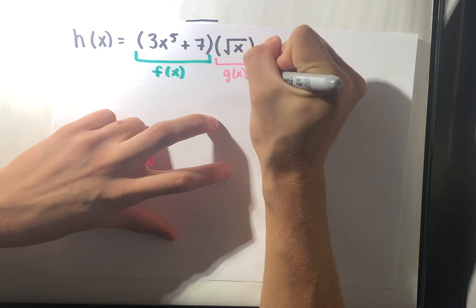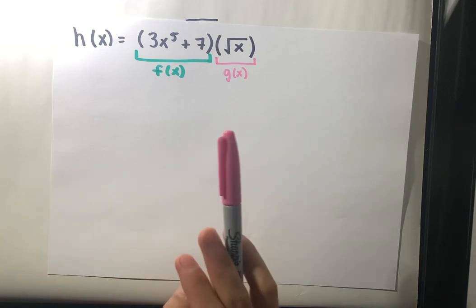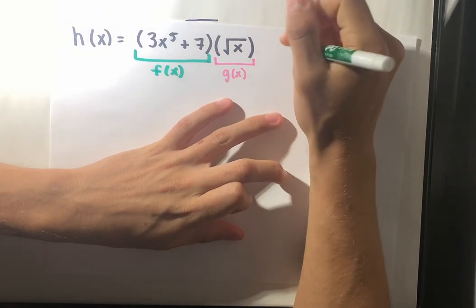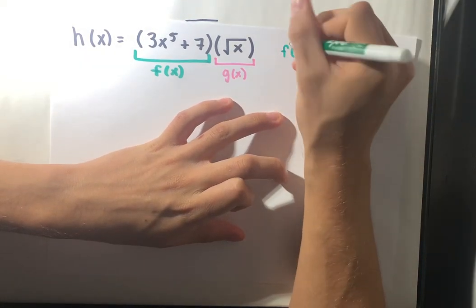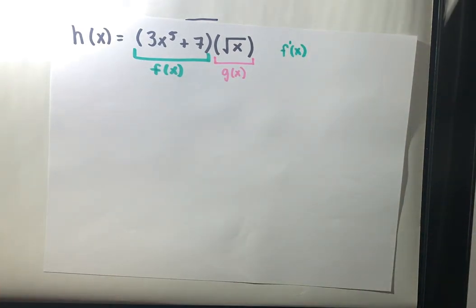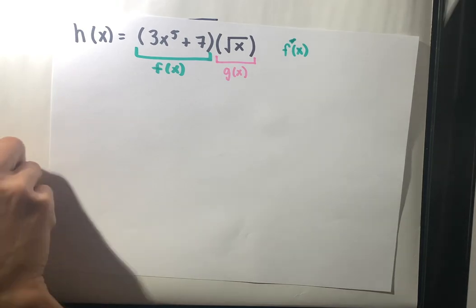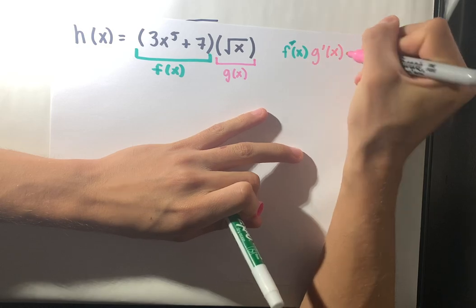g of x. The next thing I want to do is write the product rule formula so we don't forget, just for this first example. So the product rule formula says we have the original first function multiplied by the derivative of the second function.